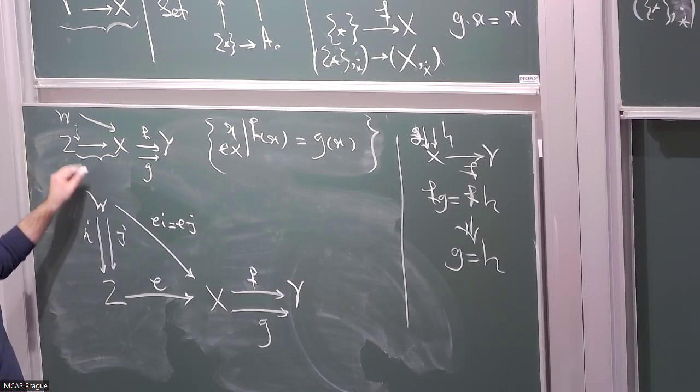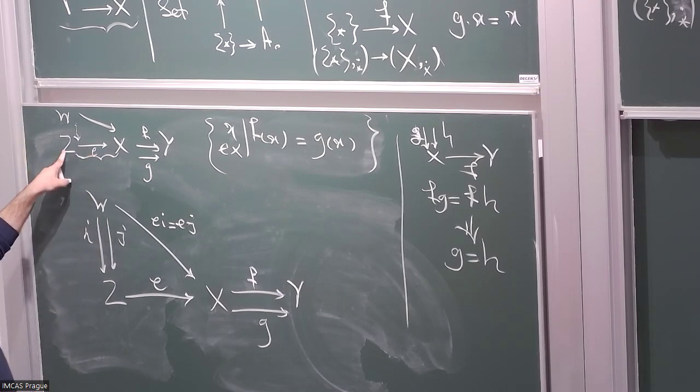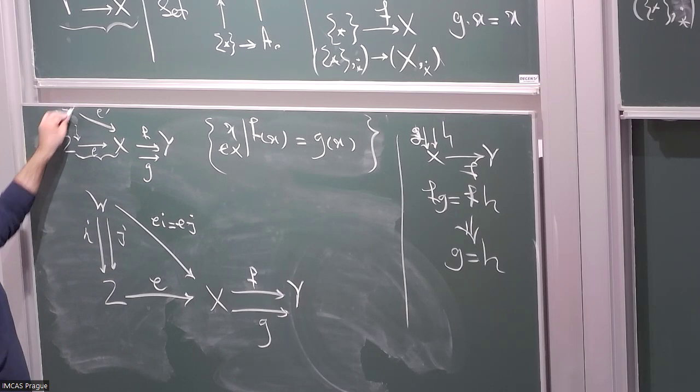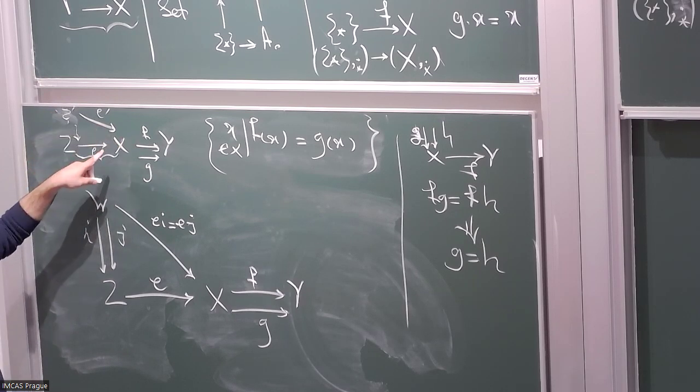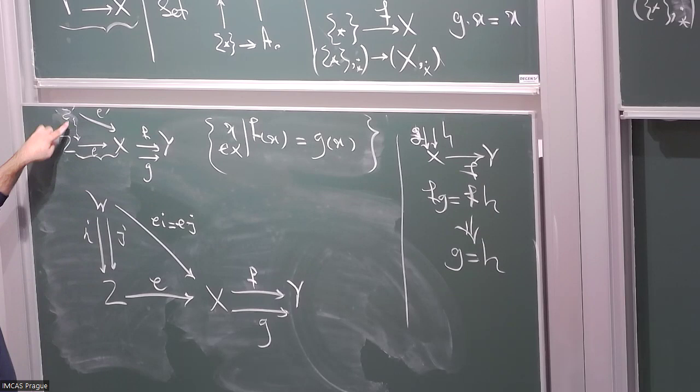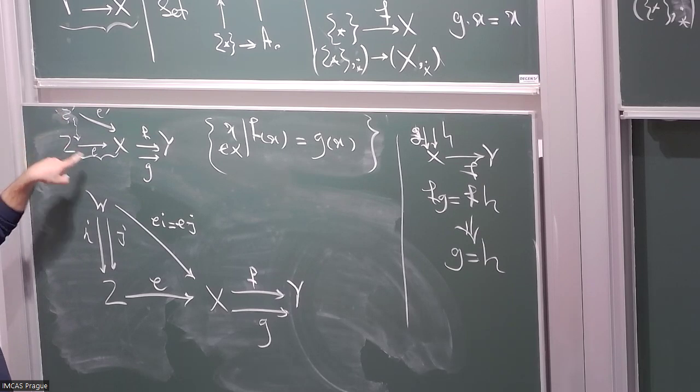So let's say that this guy is unique up to isomorphism, meaning that if you have some E prime and Z prime with the same property, then there is one morphism between them such that it is an isomorphism. So these guys are unique up to isomorphism, and that isomorphism maps E to E prime.